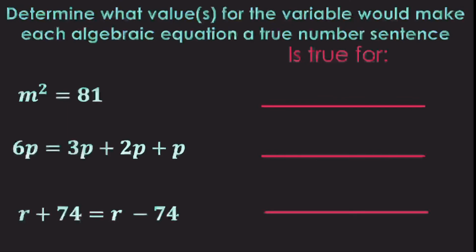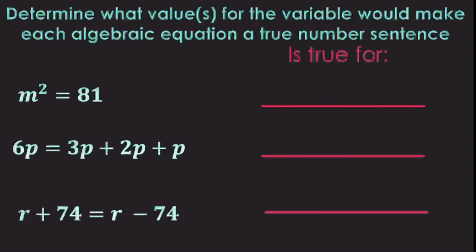I want you guys to practice this. Can we determine what value, now it's a different variable for each one, and that's okay. But what value would you plug in there that would make this statement true? Remember, we're looking at truth statements. We don't want a false one. We want a true one. So right now, try it.